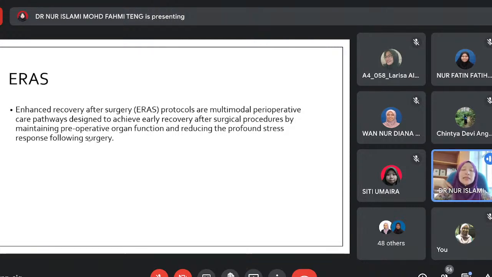So kita dietitian dalam bidang ni, we are really looking forward to follow ERAS lah, because ada dalam ERAS ni, one of the component is early reintroduction of nutrition. Maksudnya tak payah delay feeding up to 3 hari, 2-3 hari baru start feeding after surgery.